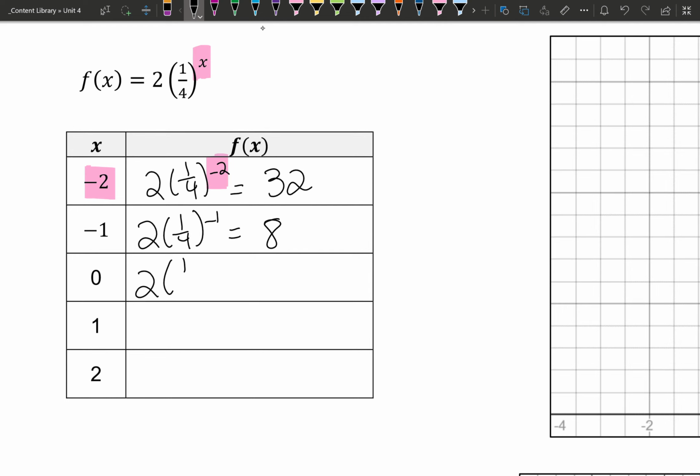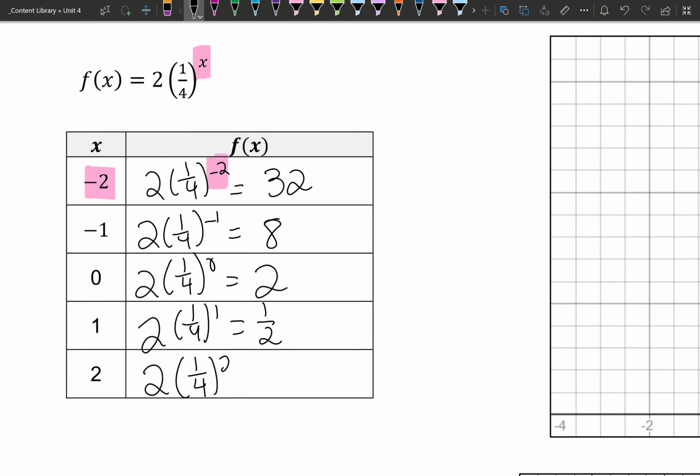Next, I'm going to plug -1 into x. I got 8. Then we can plug 0 into x to get 2. Then we plug 1 into x. We get 1/2. And we finish by plugging in 2 into x, and we get 1/8.